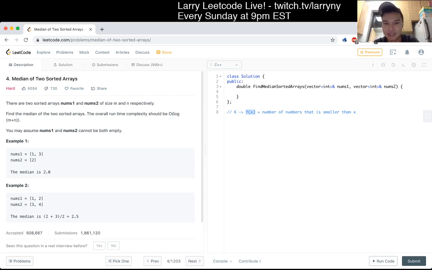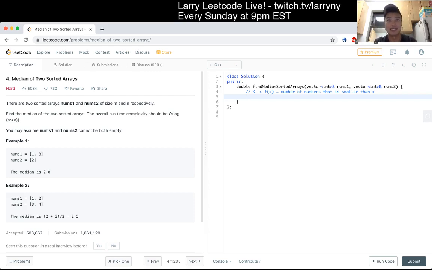So that's pretty much it. And once you do that repeatedly, that's it. You could do it because the arrays nums1 and nums2 are sorted. You could do that in log n time because that's literally binary search on the bisection.